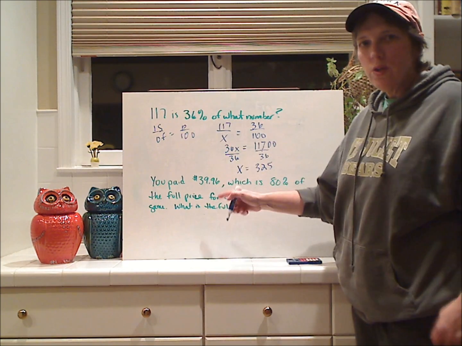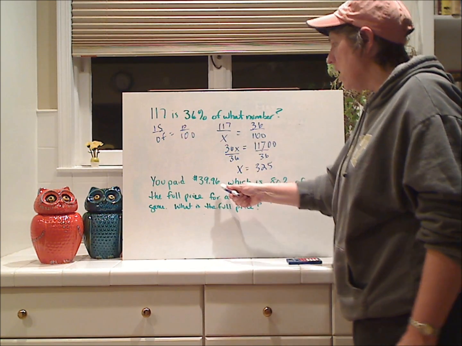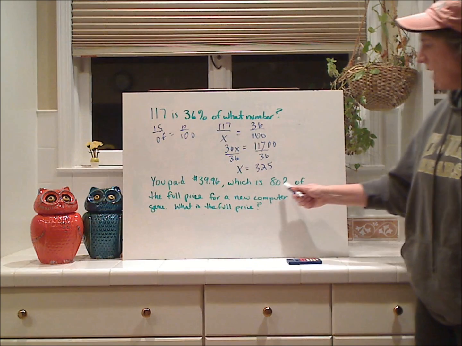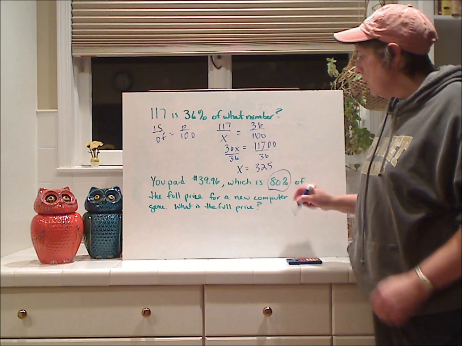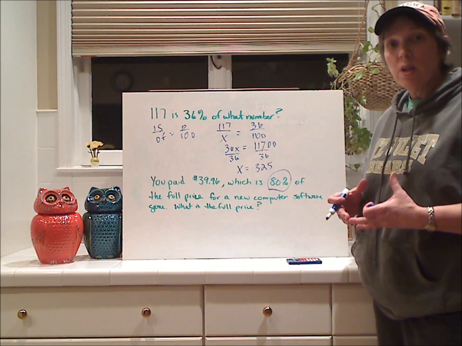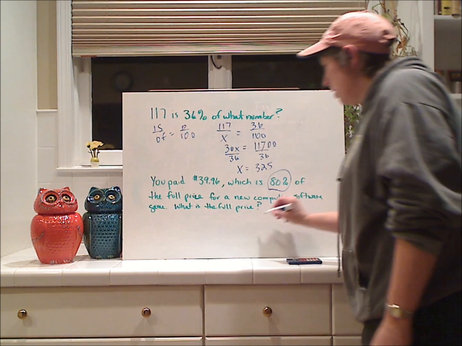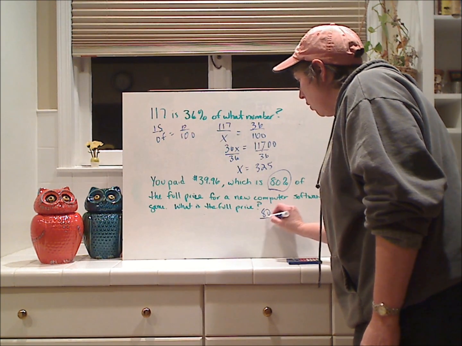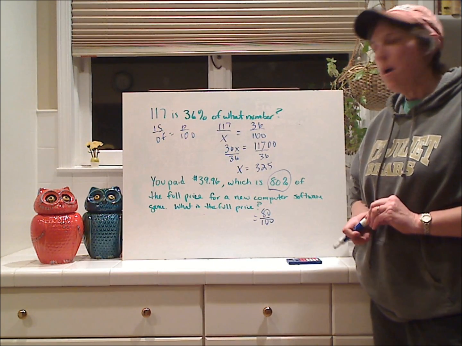Now notice we're going to use a percent equation here as well. You paid $39.96, which is 80% of the full price. Notice this is important. That's our percent number, so we automatically know that in the percent equation it's written over what number? 100. So we're going to go 80 over 100 equals. Now I have to find the is and the of.